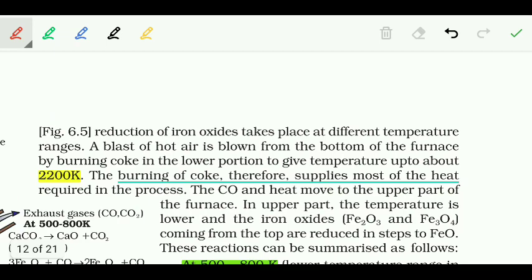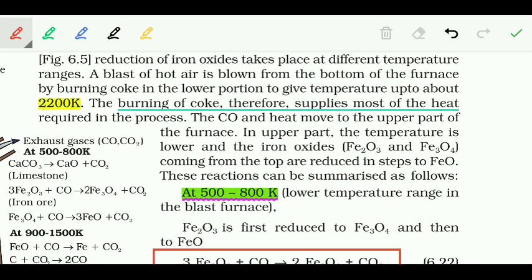So now the next point. The burning coke in the lower portion gives a temperature of up to about 2200 Kelvin, meaning coke and air burn and produce a temperature of 2200 Kelvin. The burning of coke therefore supplies most of the heat required in the process. The carbon monoxide and the heat move to the upper part of the furnace.